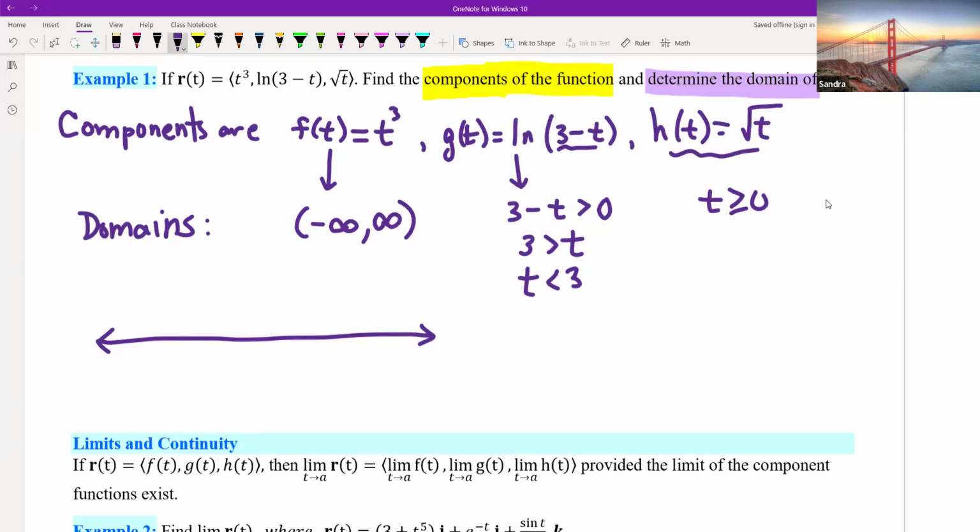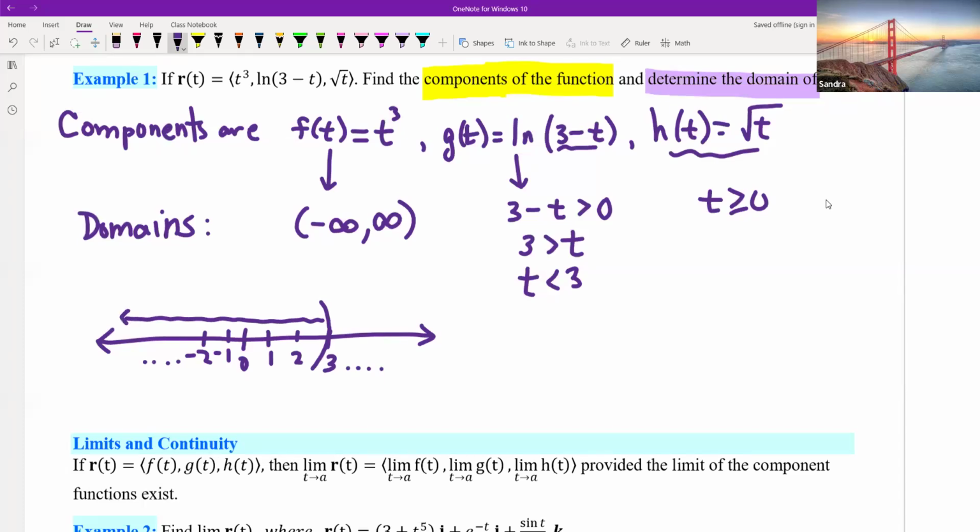But the second component, ln, only takes values of t that are less than 3. So let's say this is 0, this is 1, this is 2, this is 3, this is -1, then this is -2, not drawn to scale. But t is less than 3, so I'm going to take any number to the left of it.